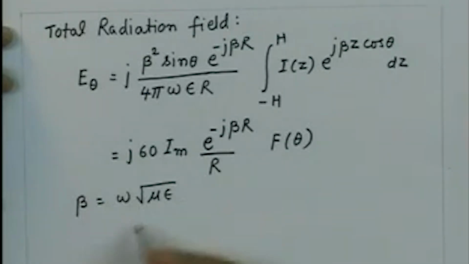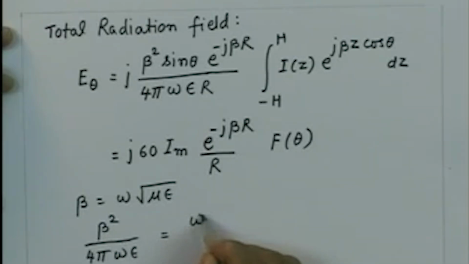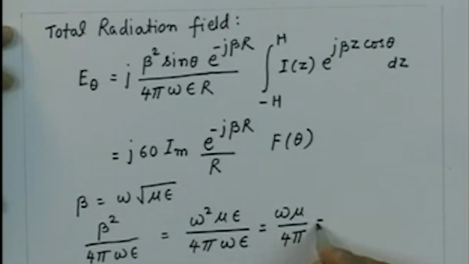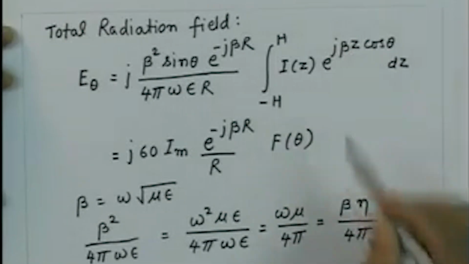So, this term will be, so beta square upon 4 pi omega epsilon will be equal to omega square mu epsilon divided by 4 pi omega into epsilon, which is equal to omega mu upon 4 pi, or we can write this as beta eta for the intrinsic impedance of the medium also upon 4 pi, and when we integrate this we are going to get 1 beta which will cancel with this beta.